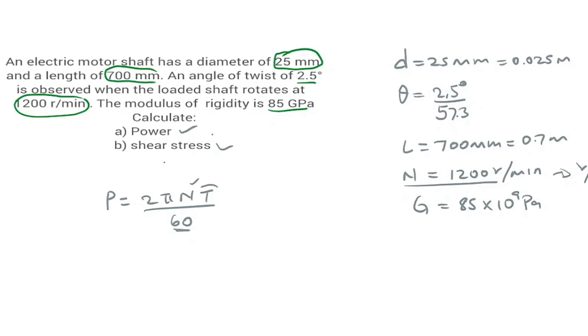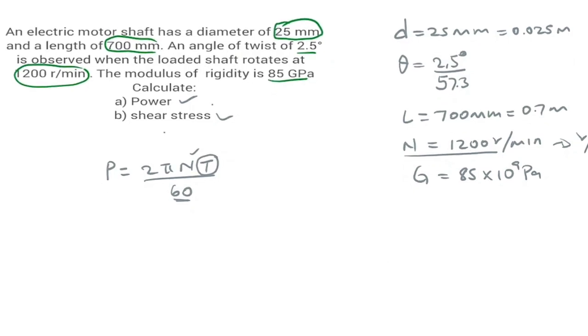What we don't have is the torque. To find the torque, let us try two formulas. The first one is torque is equal to pi divided by 16 times the shear stress and the diameter to the power 3. Here we don't have the shear stress, therefore we will not use this one.